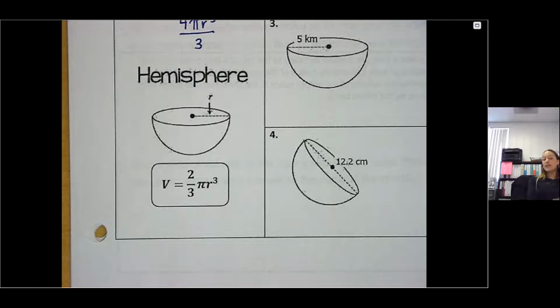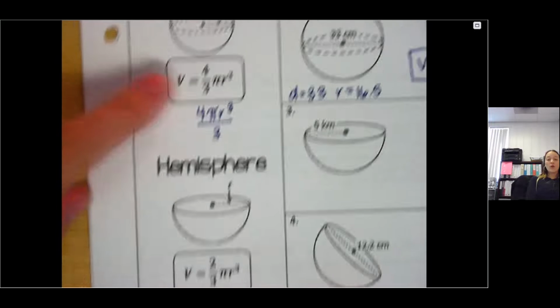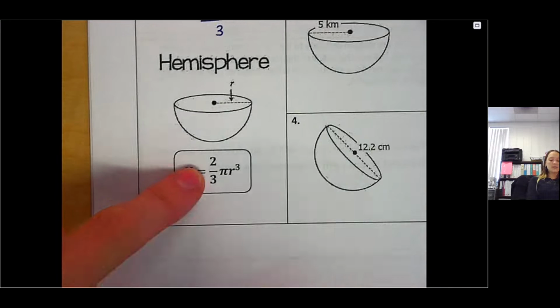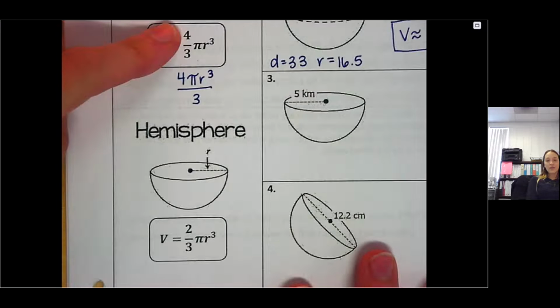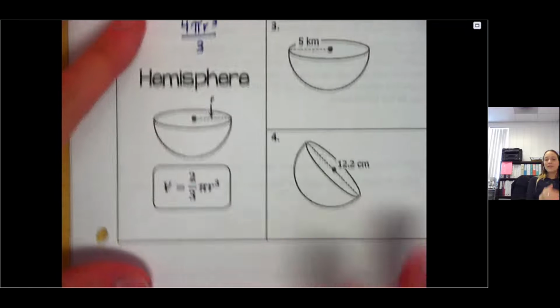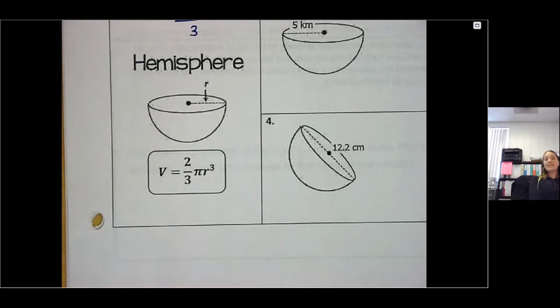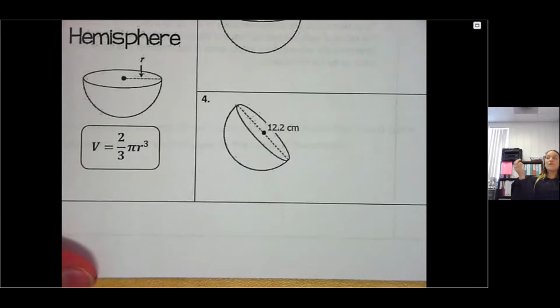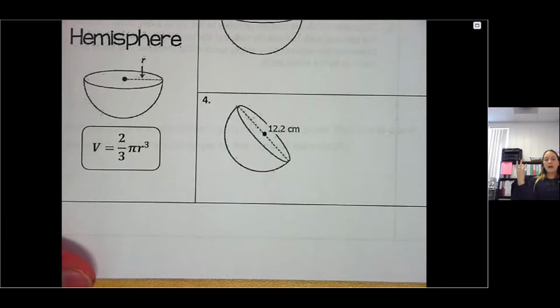An easier choice is to do, instead of 4/3 pi r cubed, do 2/3 pi r cubed, because this is half, right? 4, 2, right? Hemisphere. So instead, you can multiply times 2/3 instead of 4/3, and that will give you the same answer. So why don't you do number 4 only, and then we'll flip it to the back.